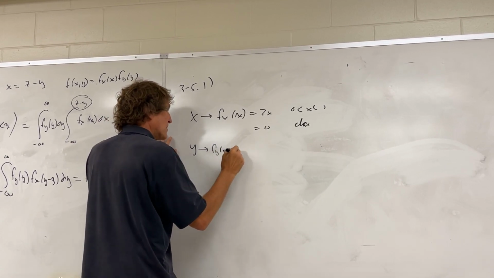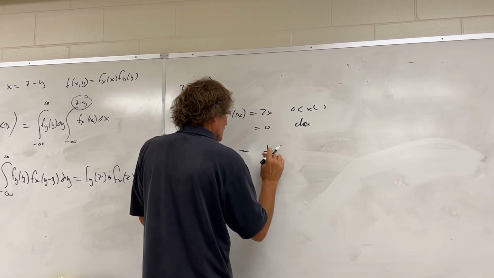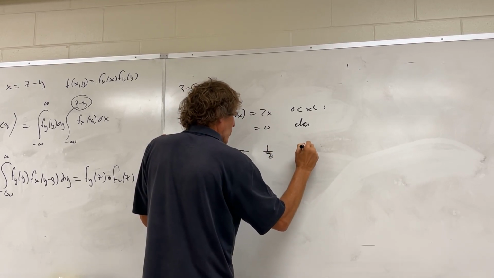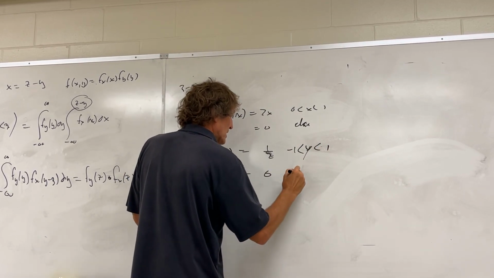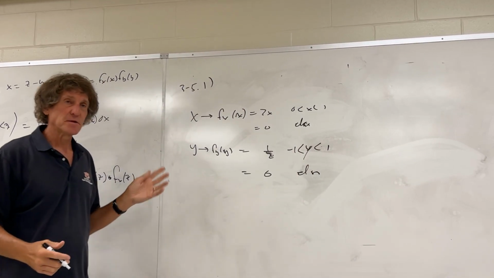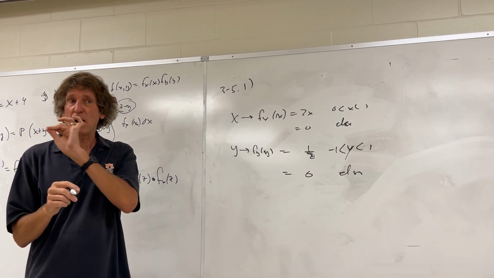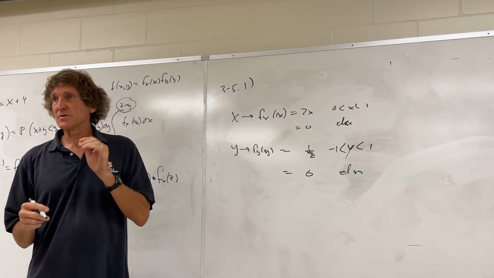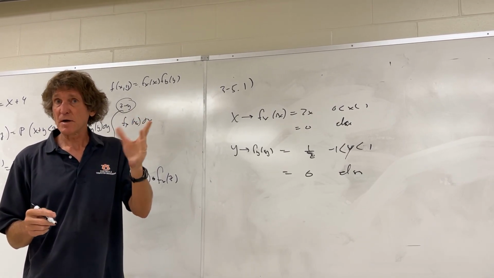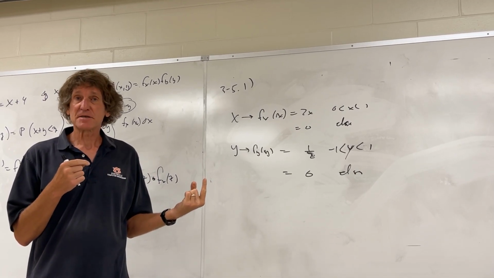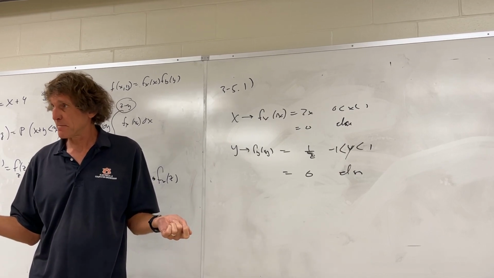Okay, so f(y) is equal to one half for y greater than -1, less than 1, and it's 0 elsewhere. Now, uniformly distributed means it has the same value, f(y), over that range. What that tells you is the area under the curve of f(y) integrated over the range has to be 1. We know the width is 2, the height has to be 1/2, so the product of the two is 1. That's the only thing I'm saying. Everybody with me on that?